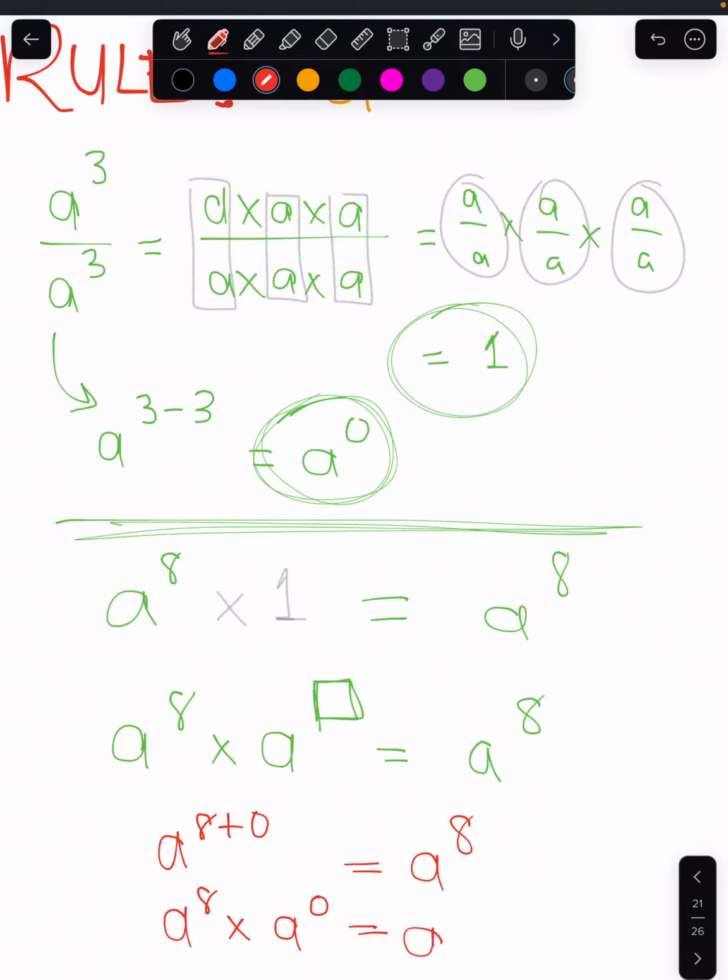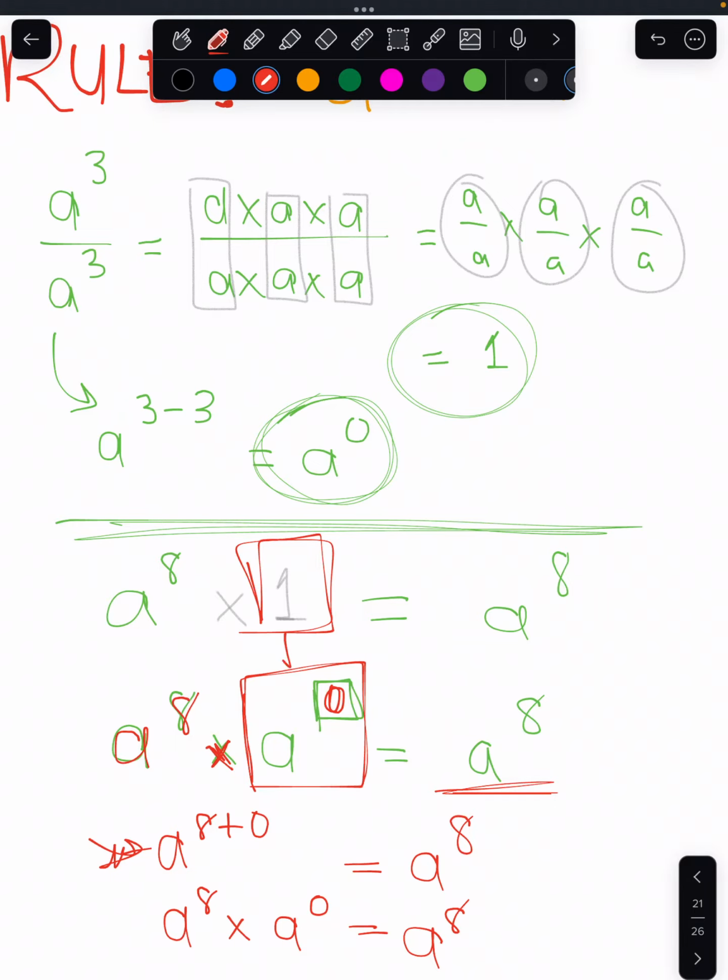So that tells us that the mystery number over here is a to the power of 0. If I multiply a to the 8 by a to the 0, my answer is still going to be a to the 8, according to this. And so that tells us that a to the 0 must be the same as 1.